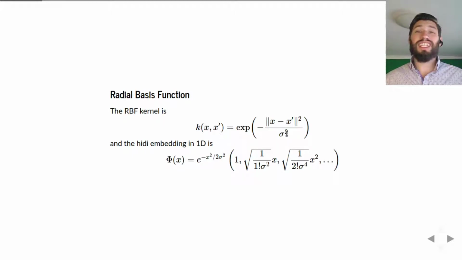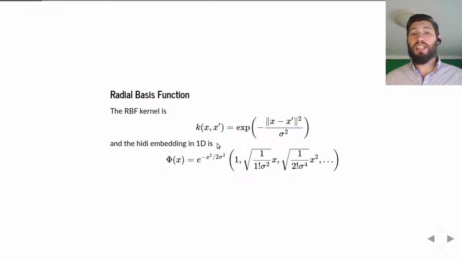So sigma is like a unit of measure: how many of these sigma units are the two points distant from one another? If that unit is very large, then the points have to be very far from one another for this kernel to be small.